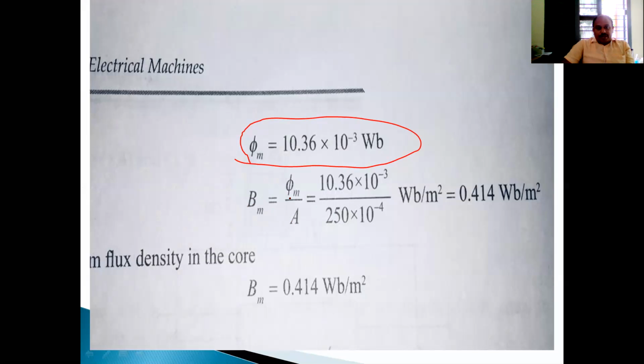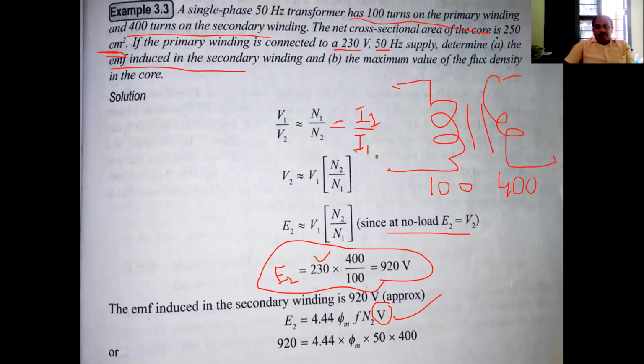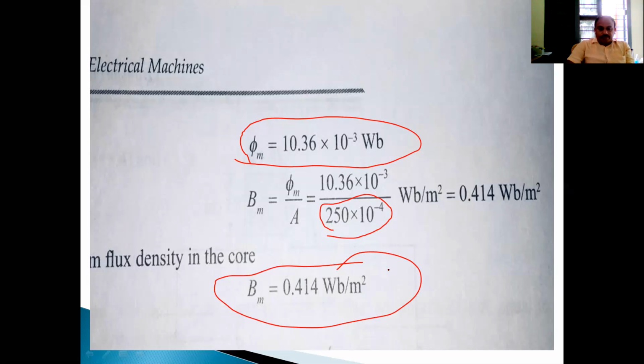So flux density equal to flux by area, Bm equal to phi m by A. A is given in centimeters square, 250 centimeters square area of the cross section. So 250 centimeters square is converted into meters square by multiplying by 10 power minus 4. So this is the maximum value of flux density.